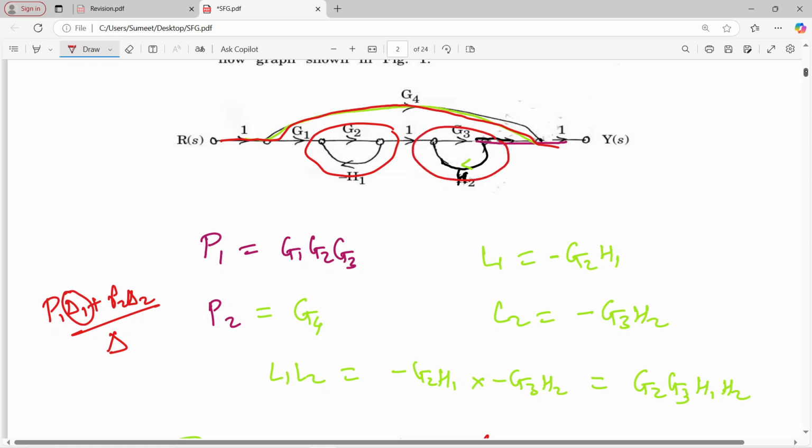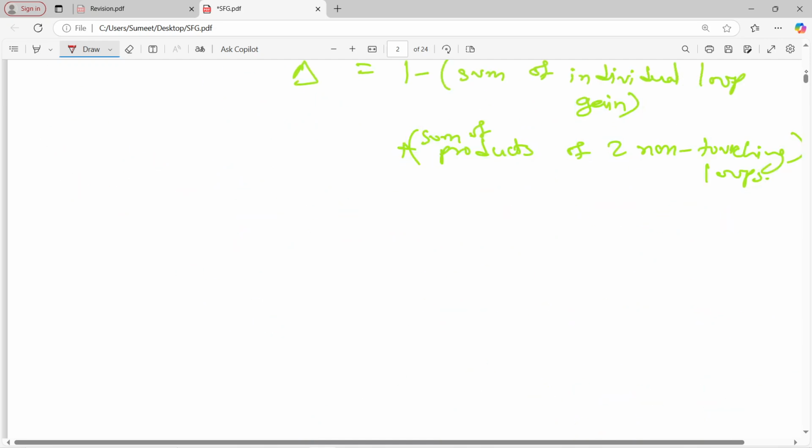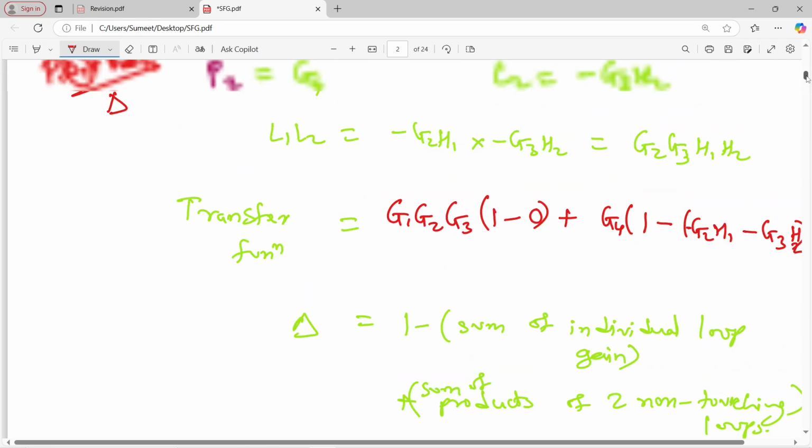So delta 2 will be 1 minus these loops. These loops are G2 H1 plus G3 H2, but these are with a negative sign, minus, and here also it is minus, and here also it is minus G2 G3 H2. So this is the value of delta 2.